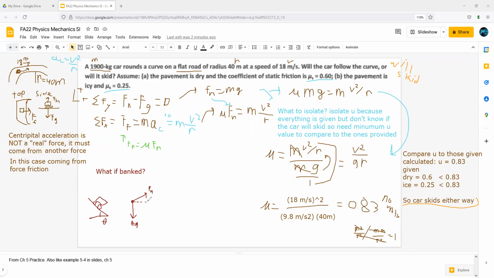Theoretically, if this was banked enough, normal force could replace force friction, and normal force is a lot more likely to keep you from skidding. So then you're less likely to skid off the tracks.